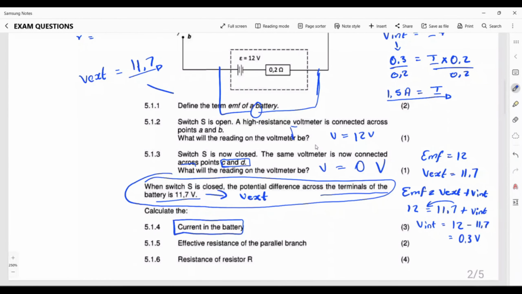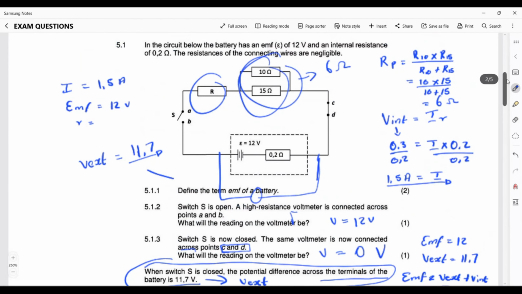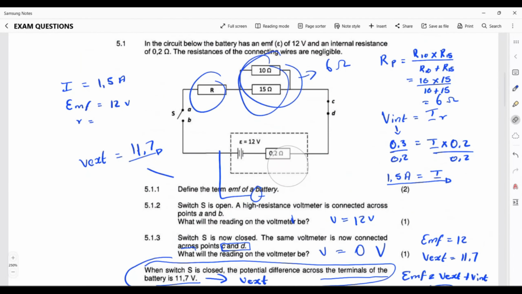That's how V external must be connected in a circuit where there is internal resistance. So let me just remove it because it's not there. We can leave our circuit like that. We're still good.